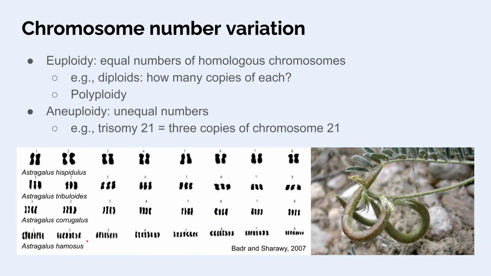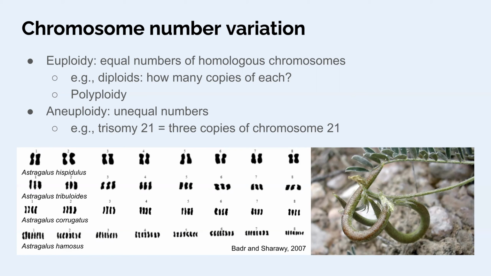Everything gets its own name and maybe looks a little bit different from the other ones. So these are polyploid versions. This is something I mentioned is fairly common in plants, much less common in animals overall, although there are some animals that do have polyploids.